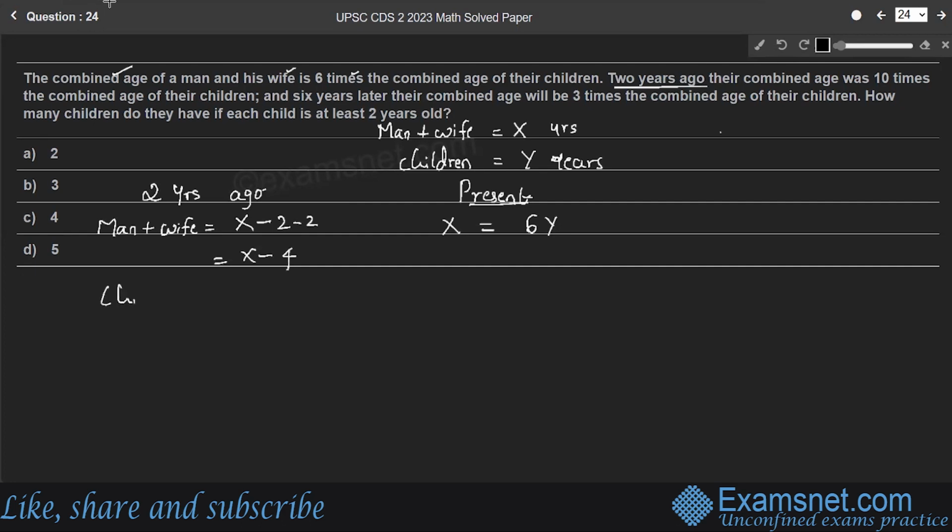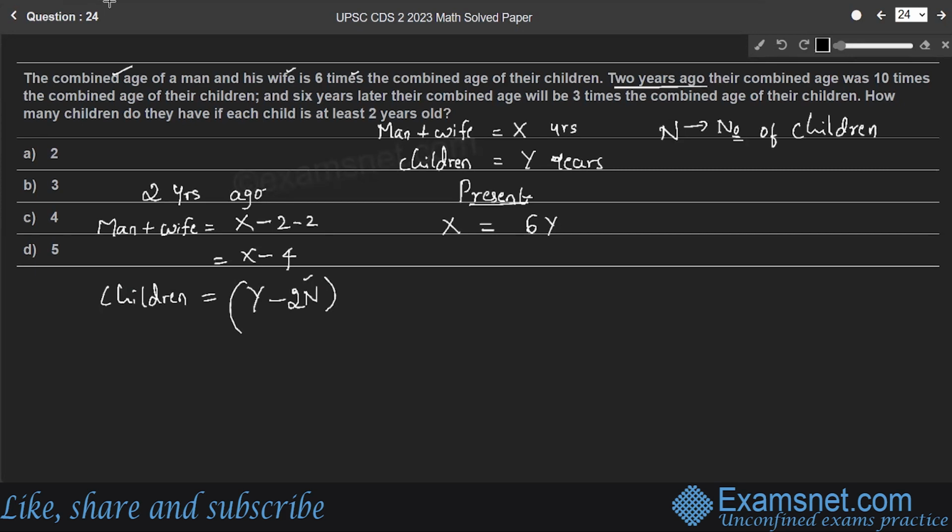And combined age of their children becomes their present age minus n times 2, or Y minus 2n, where n is the number of children they have. So present age minus 2n gives 2 years ago combined age of their children.